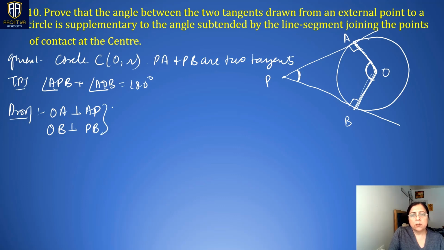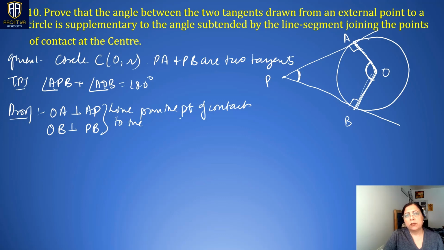What is the reason? Now the line from the point of contact to the center is perpendicular to the tangent, because these are nothing but radii. So radii at the point of contact are always perpendicular to the tangent. So this angle becomes 90 degrees as well as this angle becomes 90 degrees.